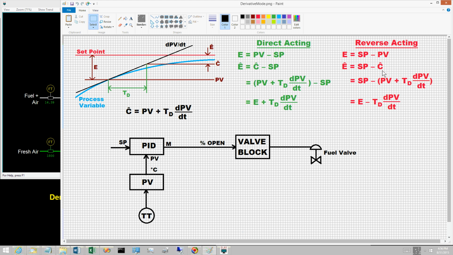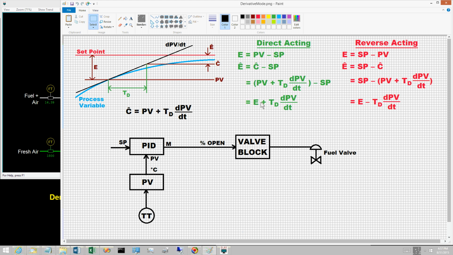Replace C hat by its expression in terms of PV: PV plus T sub D dPV/dt. Set point minus PV is the control error E. The projected control error E hat is the current control error E minus T sub D dPV/dt. For a direct acting controller, the sign on the derivative term is positive.